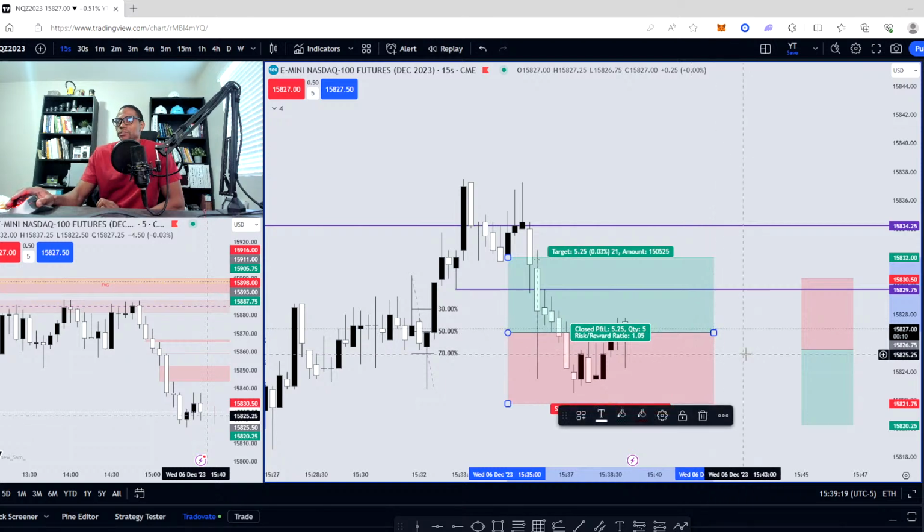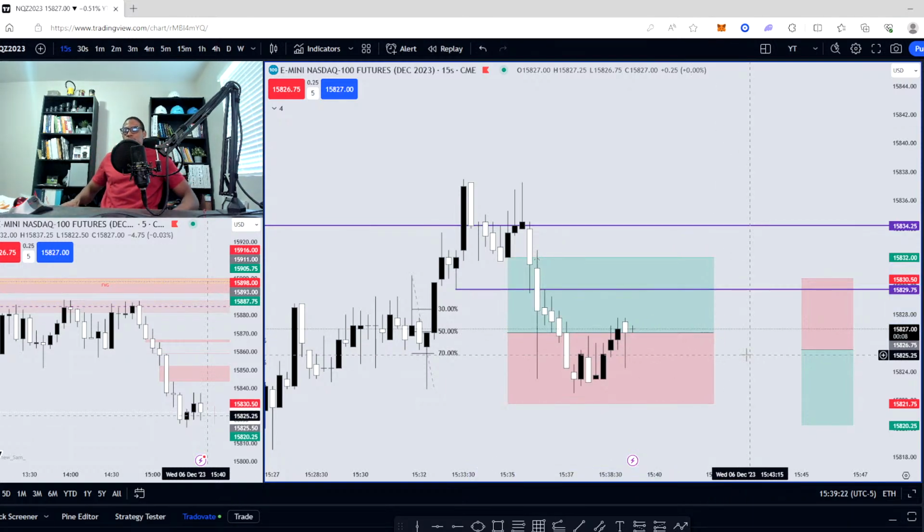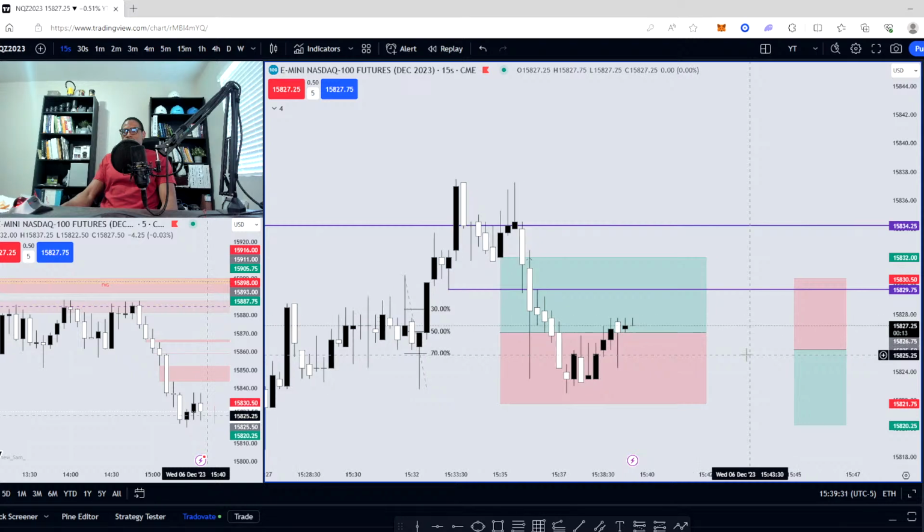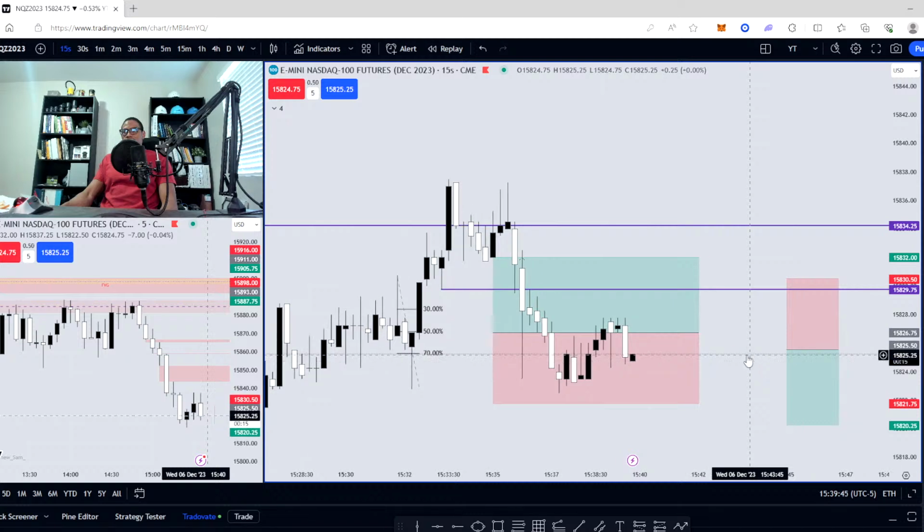Let's continue to monitor this trade since it's still in session. Let's see what happens. All right, it's 3:40, 20 minutes left until most trading's done.